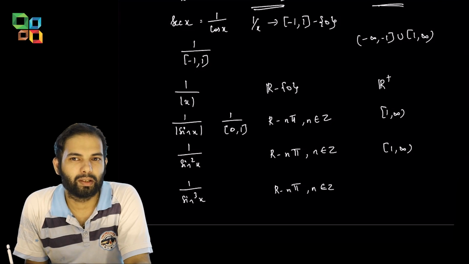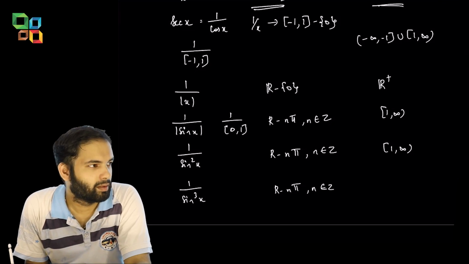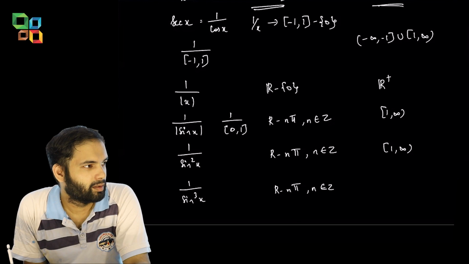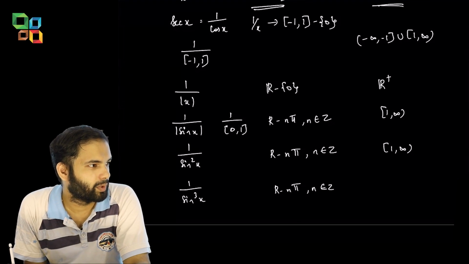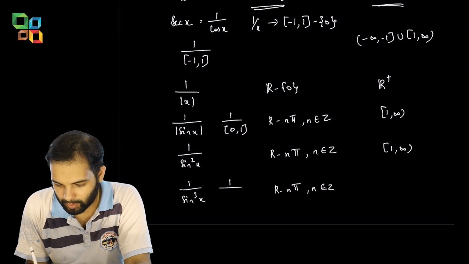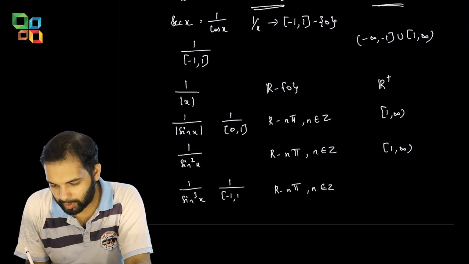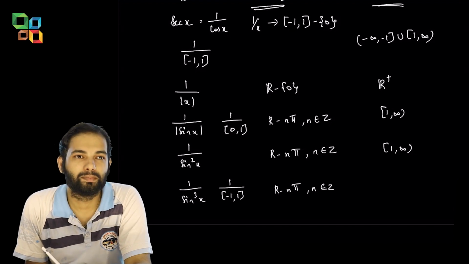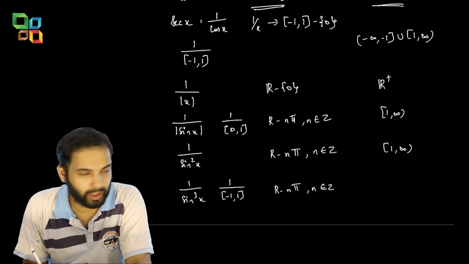Now the range. Minus infinity to minus 1, 1 to infinity. Is it? Yes. See, now this is equivalent to 1 by a number between minus 1 and 1. Why? Because see, sine cube x.